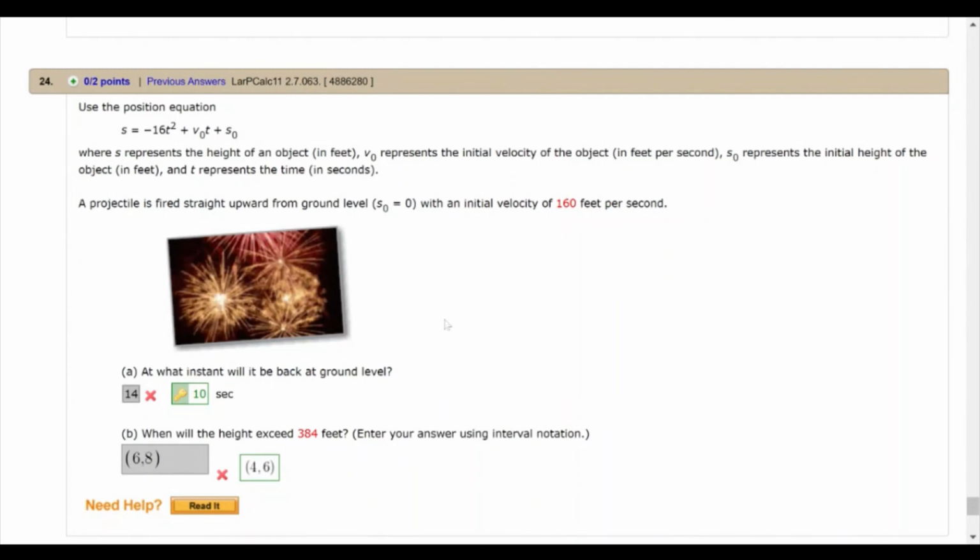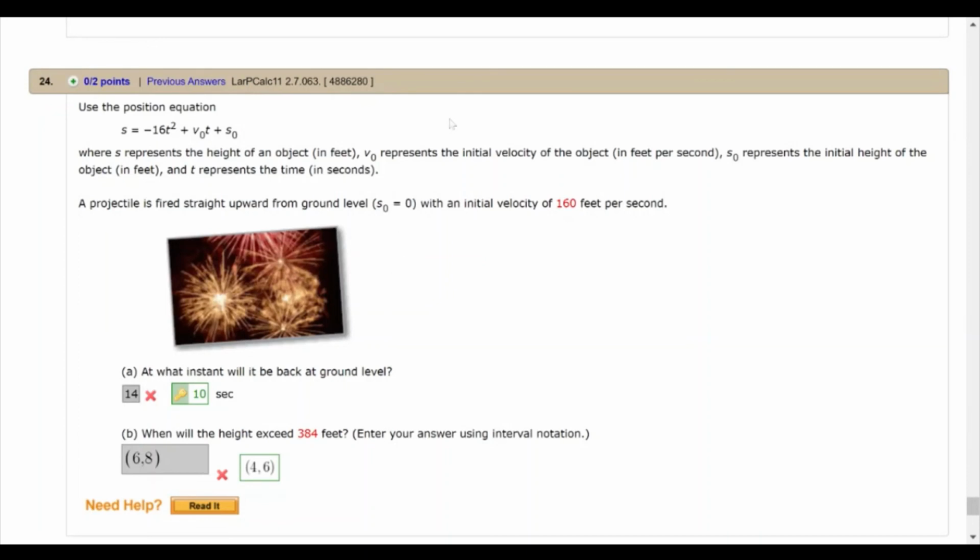All right, so we're gonna make some substitutions. We're definitely gonna change this v naught to 160 times t. Now the first question is, at what instant will it be back at ground level? What is ground level? They tell us right here. When S naught equals what? 0. Doesn't that make sense that if it's on the ground, it's going to be at 0? All right.